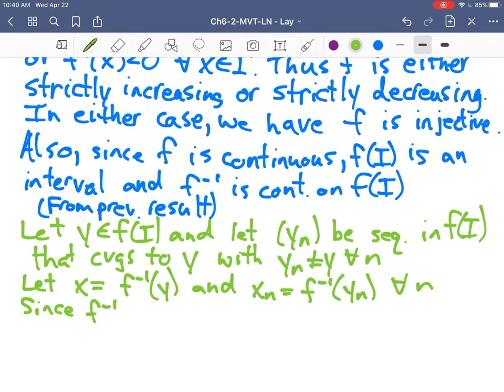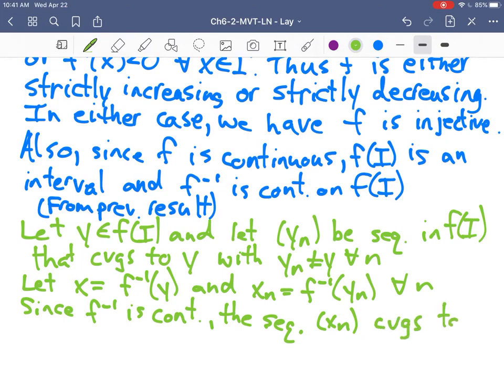Since f inverse is continuous, we can say that the sequence x sub n converges to x.